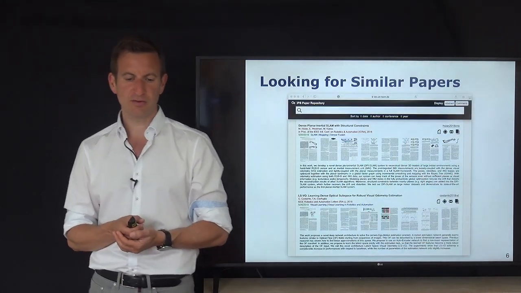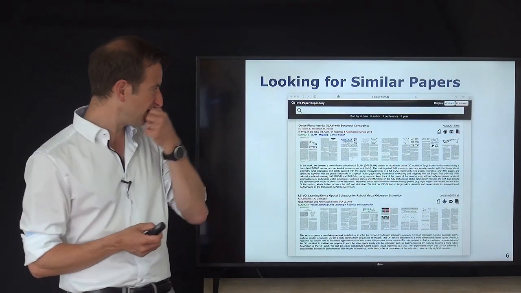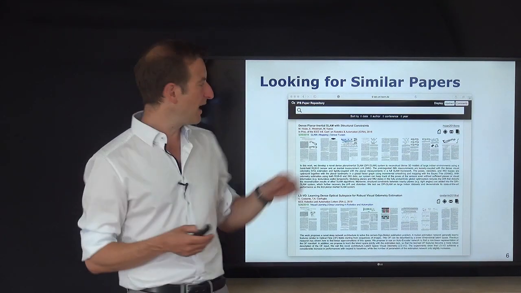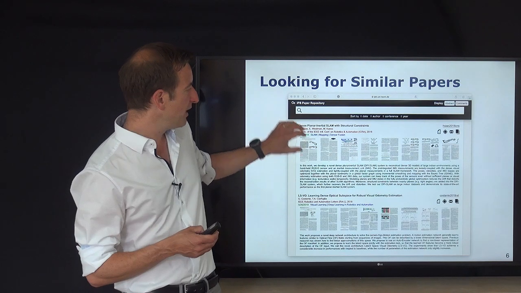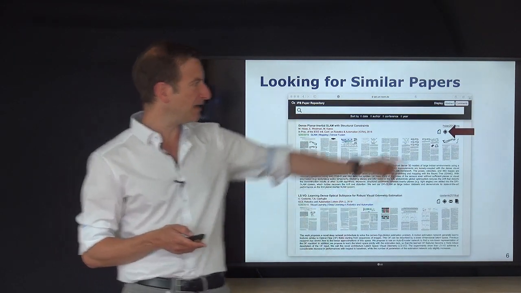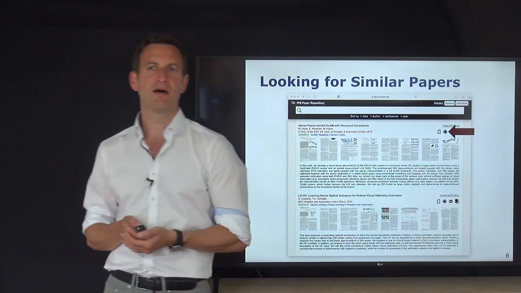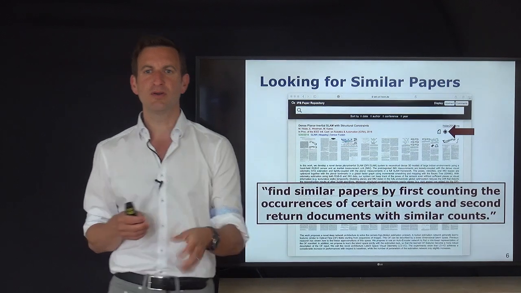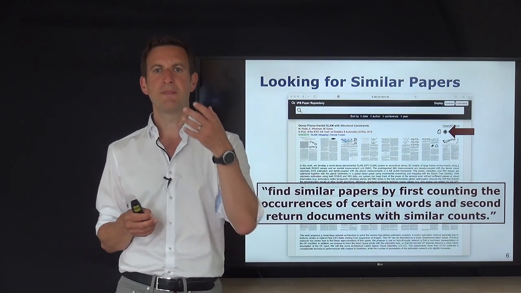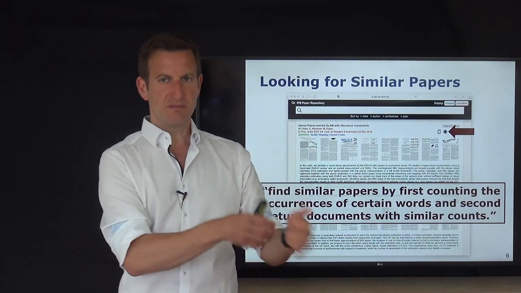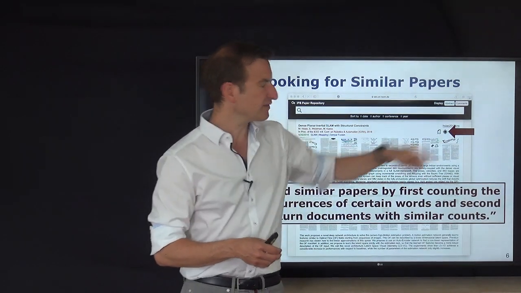Also in terms of text documents, so if you know the setup that we use to store our papers, our paper repository, where you have basically the summary of a paper, some images and the title and things like this of the paper, there's a button here, look for similar papers. And if you press that button, what the database will do, it will return you papers, and the returned papers will be similar to the paper where you pressed that button.